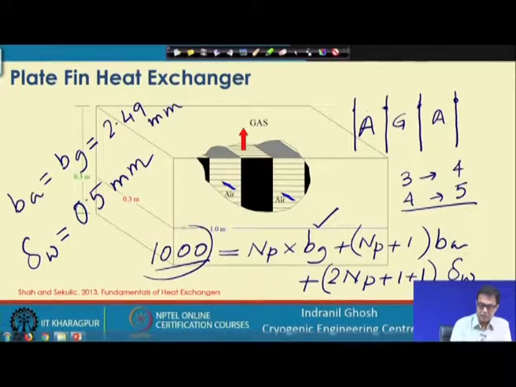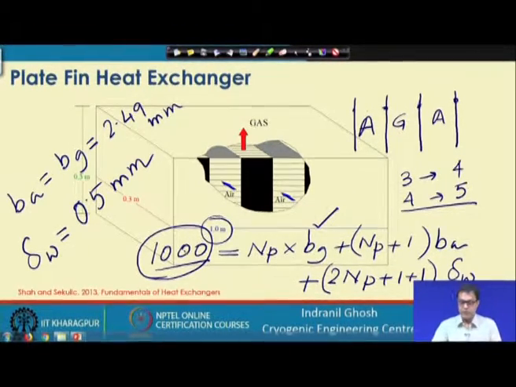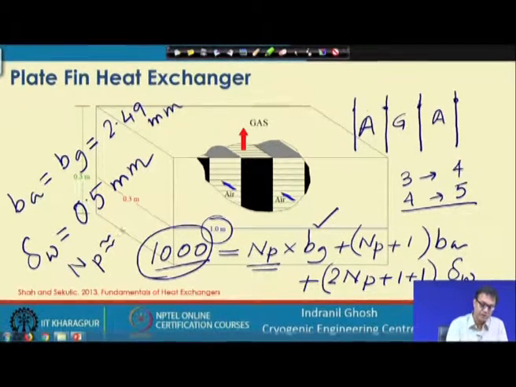So, this 1 meter has been converted into millimeter, and now we can estimate the number of layers from this one, and we will find that the nearest whole number is 167.